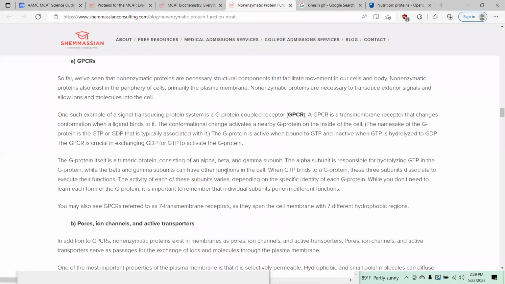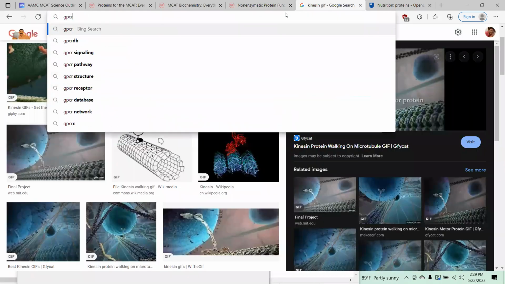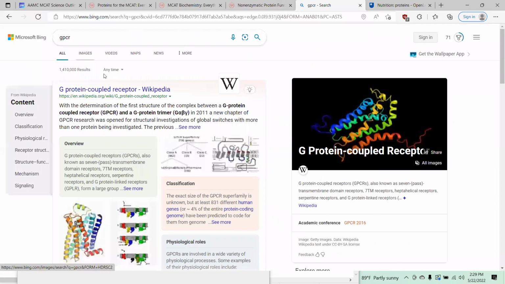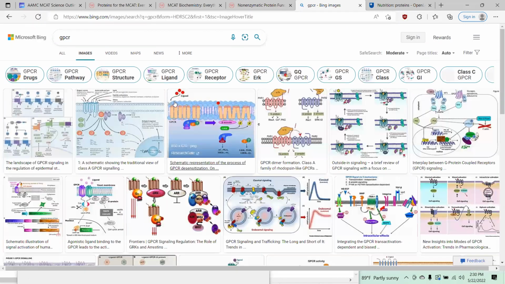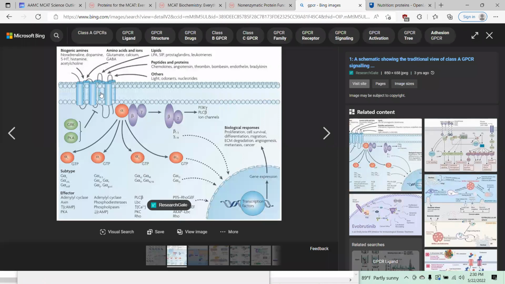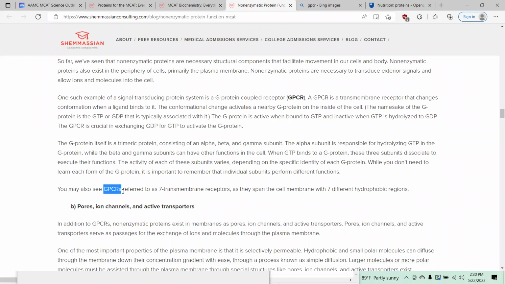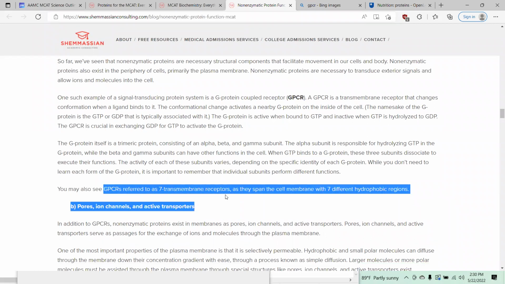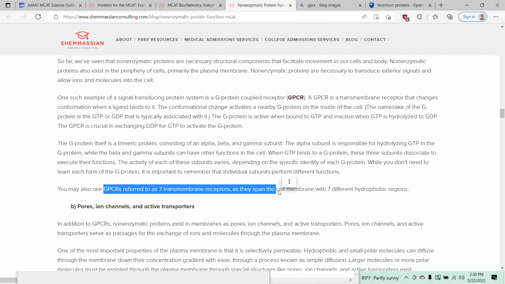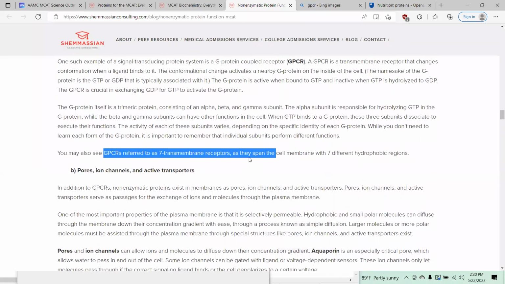But basically, G proteins are these things that... GPCRs, G protein coupled receptors, are very, very important in cell signaling. They are a very, very common style of signaling proteins. You may also see GPCRs referred to as 7 transmembrane receptors as they span the cell membrane with 7 different hydrophobic regions.